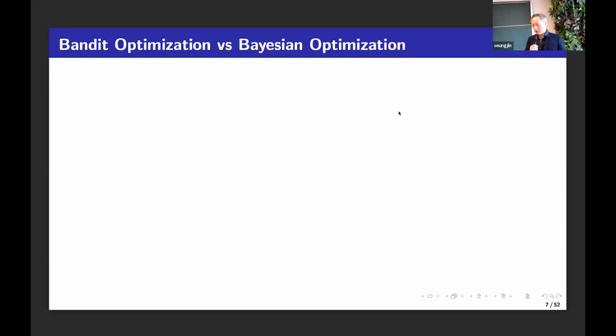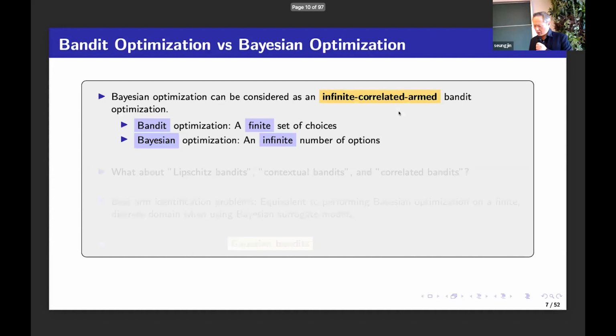But a lot of people working on bandit optimization didn't look at Bayesian optimization carefully, so the two communities just developed their own methods and technology. But a long time ago when I started working on Bayesian optimization, I thought Bayesian optimization is just an extension of bandit optimization with infinite correlated arms, because in most cases bandit optimization assumes just a finite set of arms, right?